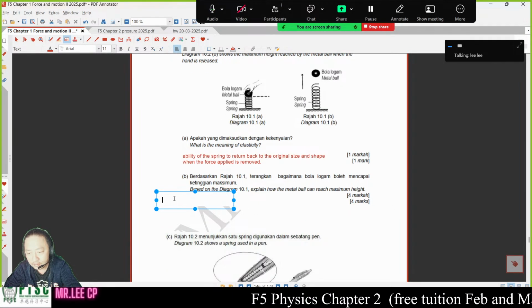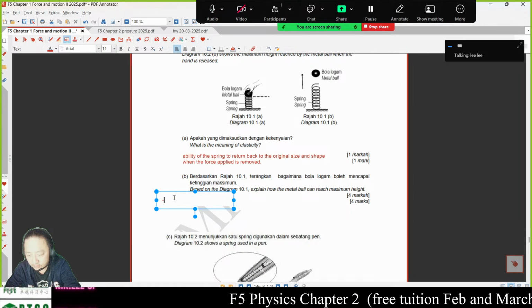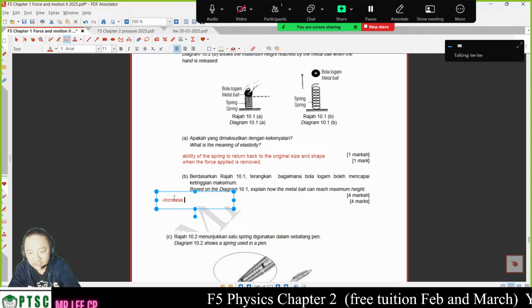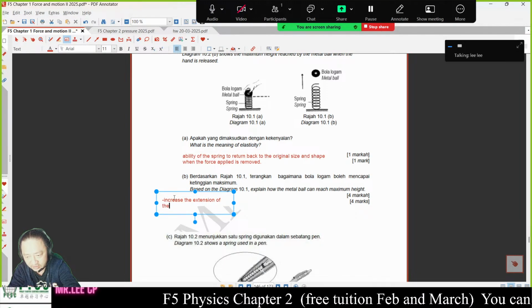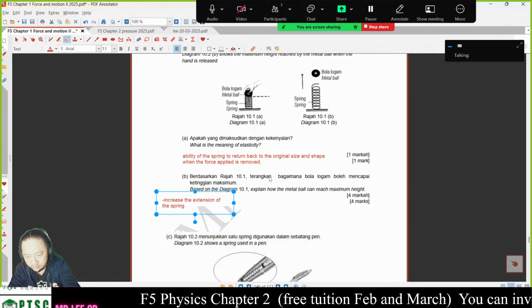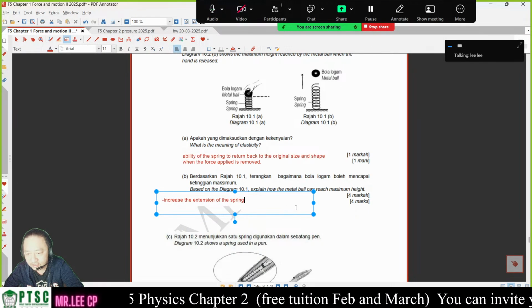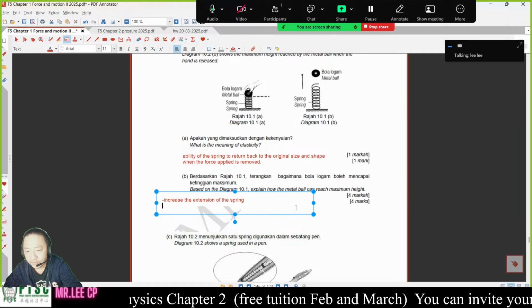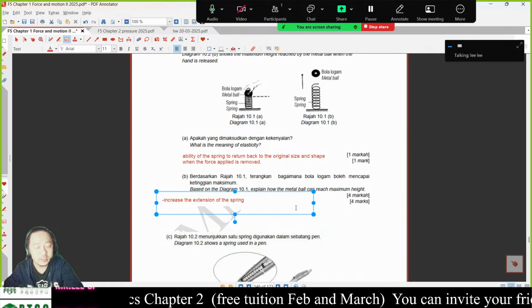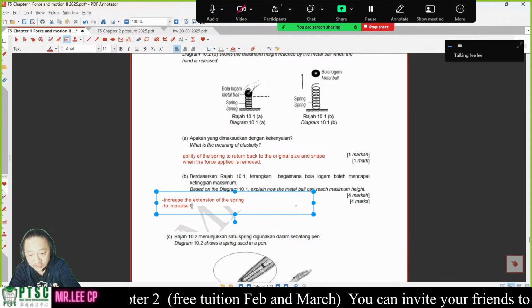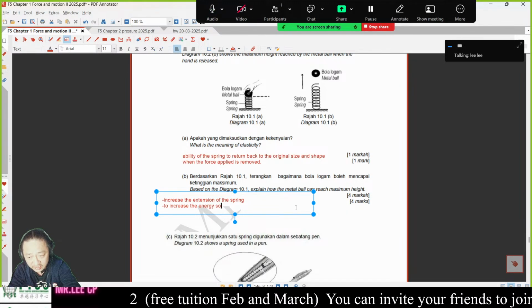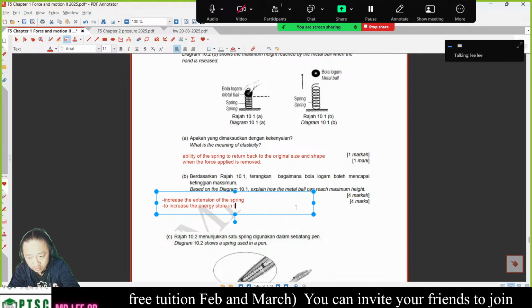Format here: first one, increase the extension of the spring. You might need to explain why: to increase the energy stored in the spring.